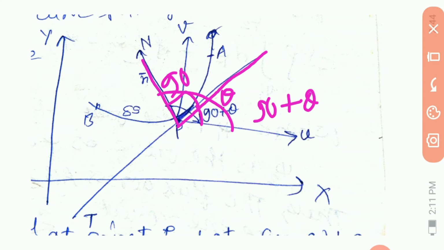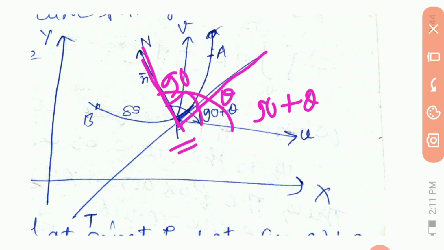Let Pn be the normal at point P, and let (u, v) be the velocity components at this point P.